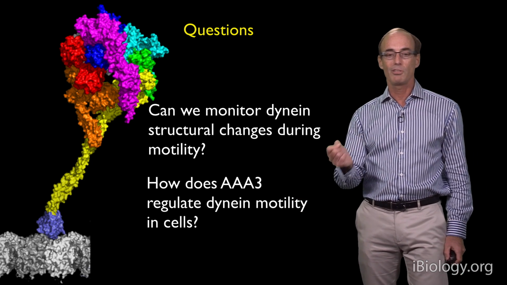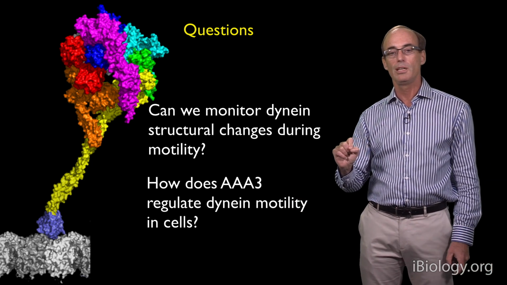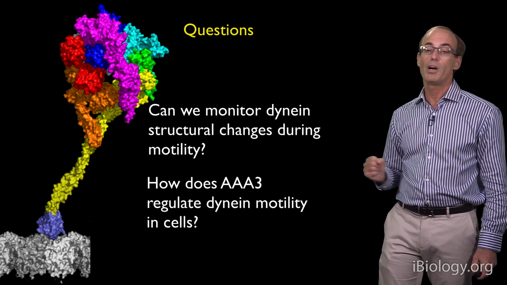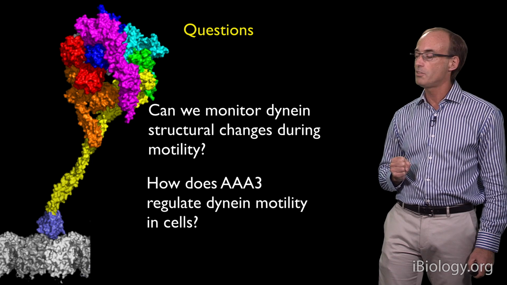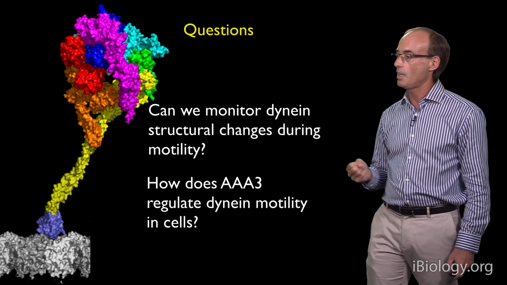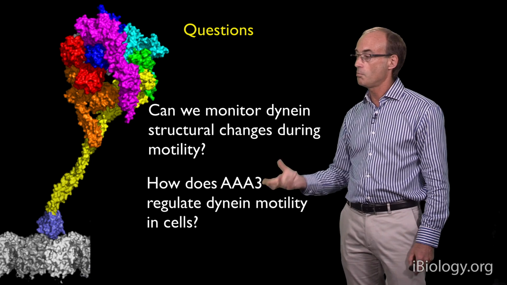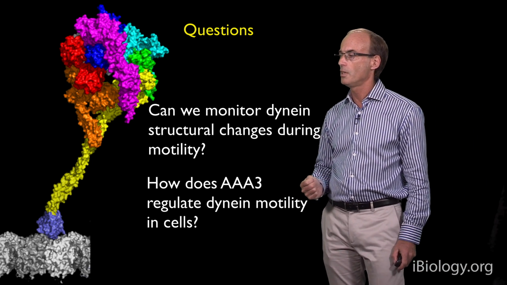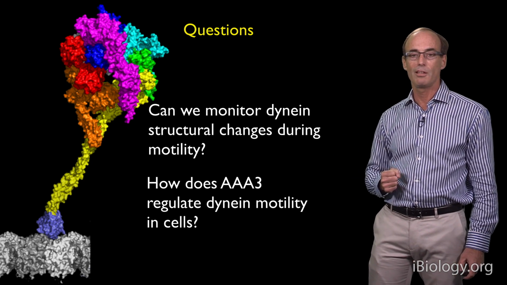How does it actually control whether AAA3 has an ATP or an ADP in the active site? So we have no idea on this issue right now, and this is obviously going to be important for understanding what the real purpose of AAA3 is in dynein cell biology.